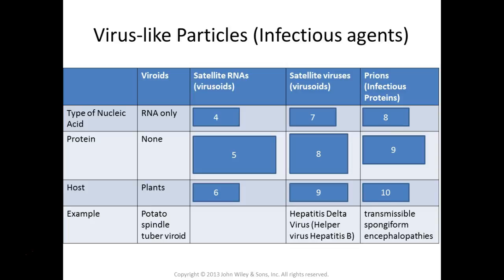So certainly don't expect you guys to have a firm understanding of these. But in general, what type of nucleic acid? Well, the name tells you. Satellite RNAs are RNA. But they also contain protein. So very much like a virus.